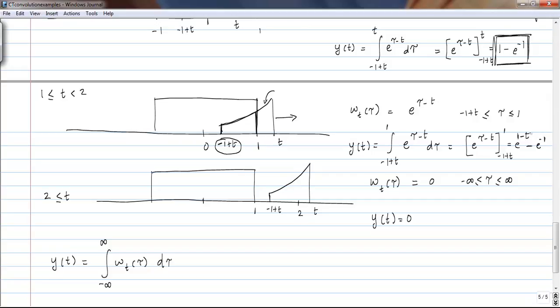Yeah, I actually made a mistake which I tell students not to do. Remember, the final result has to be a function of t. It cannot be a function of tau. If you're finally writing y of t in terms of tau, then you are making some mistake somewhere, right? Because finally we need to get a function of t.